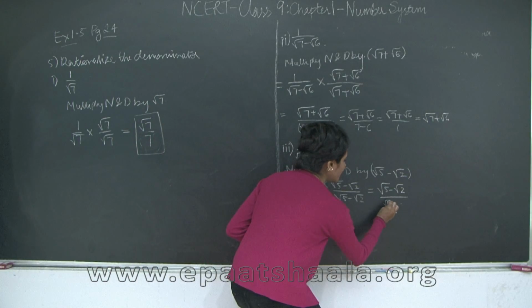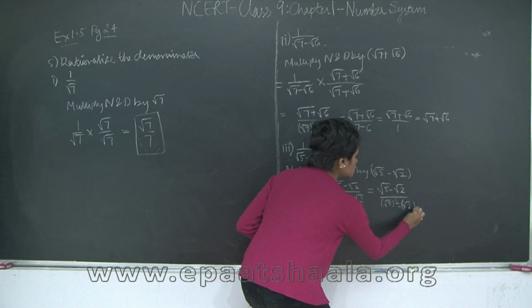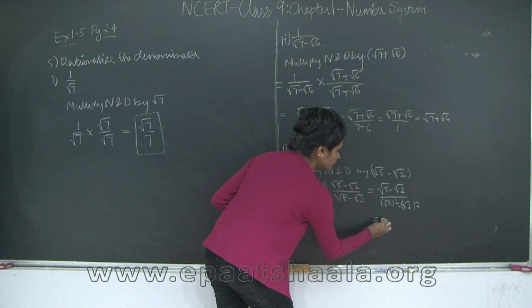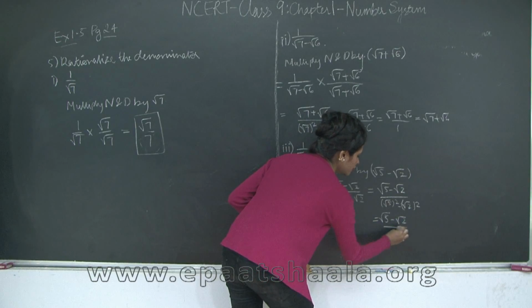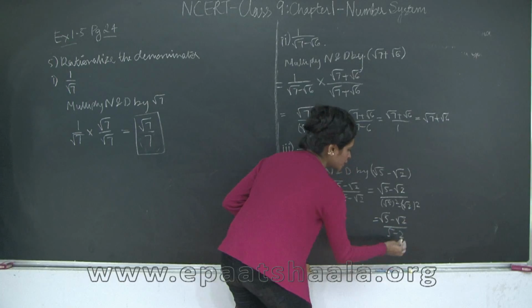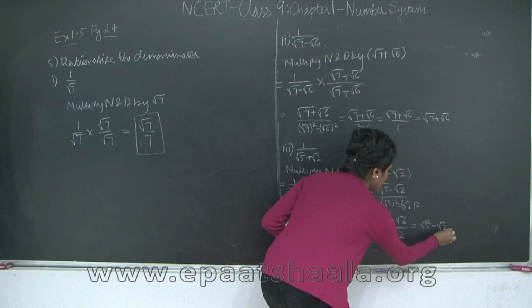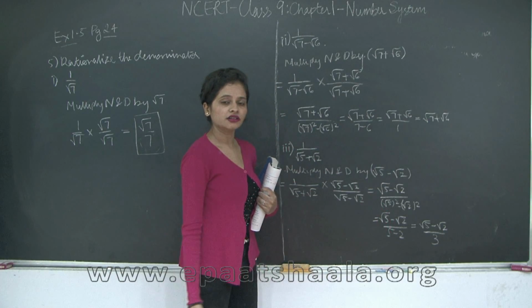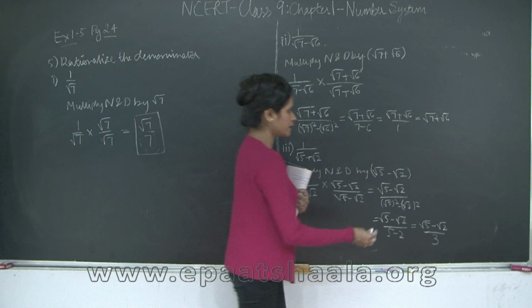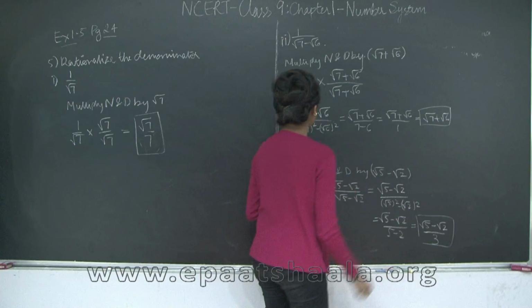So root of 5 the whole square minus root of 2 the whole square, which is equal to root of 5 minus root of 2 upon 5 minus 2, which is equal to root of 5 minus root of 2 upon 3. Hence I have rationalized my denominator to 3. 3 is a rational number. So let me box it up. This here was my answer.